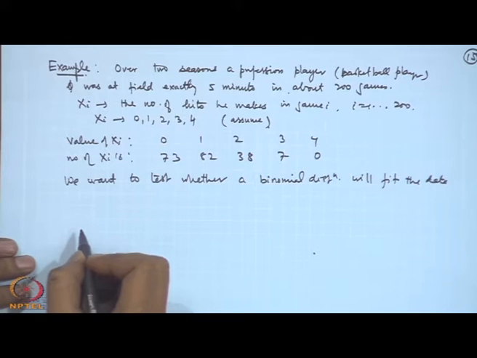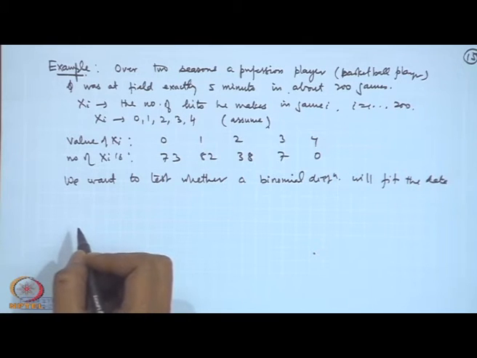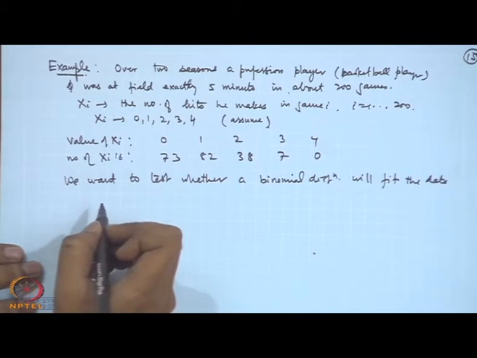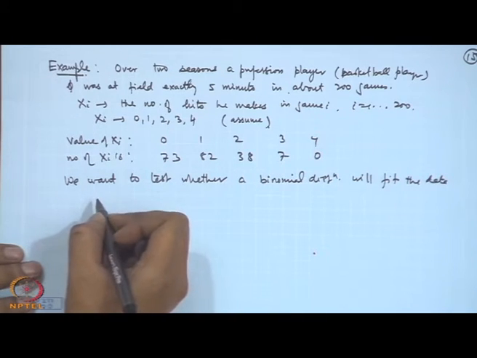Now, in a binomial distribution we have a parameter p here. So, let us consider say p head. Based on this data we can calculate actually.